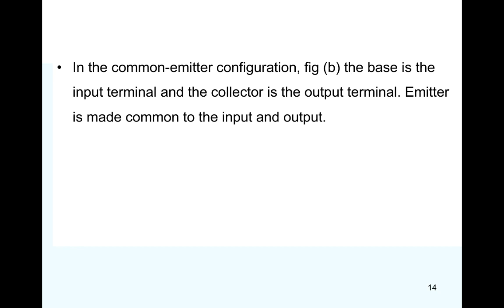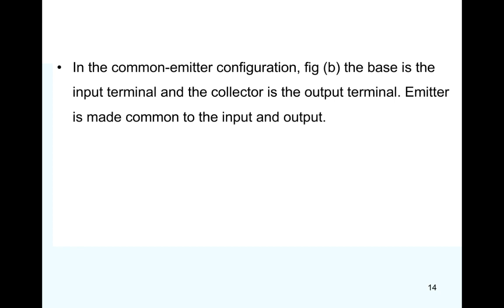In the common emitter configuration, the base is the input terminal and the collector is the output terminal. The emitter is made common to both input and output. So in common emitter configuration, we connect the emitter to ground. That means this emitter is common to both input and output.